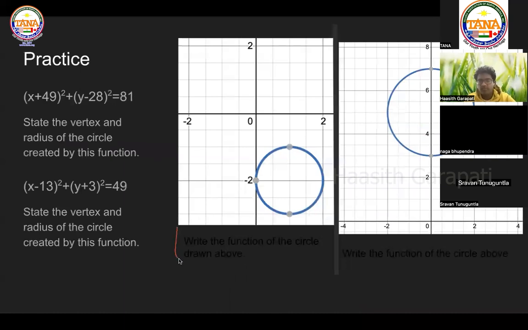Apologies, I forgot to put it in white, but the two questions down here where I'm asking you to write the function of the circle are there. So, okay, I'm going to give you guys 4 minutes to do these problems. Admittedly, since you're just starting, you probably won't finish. In that case, we'll clean up the last two problems likely together.